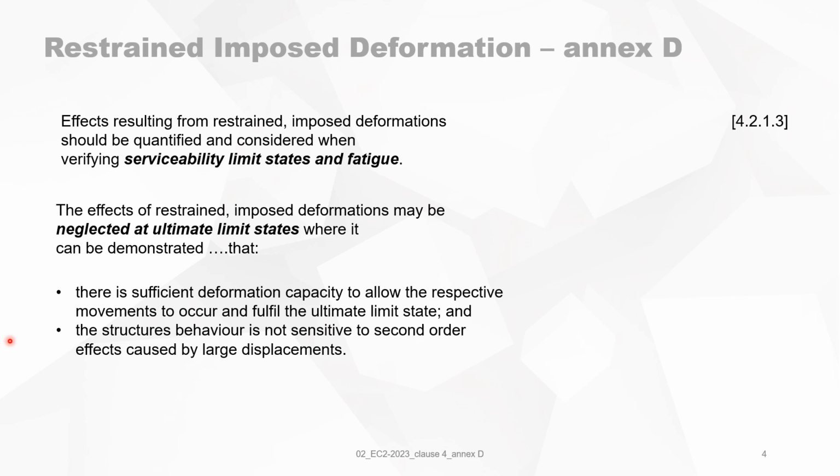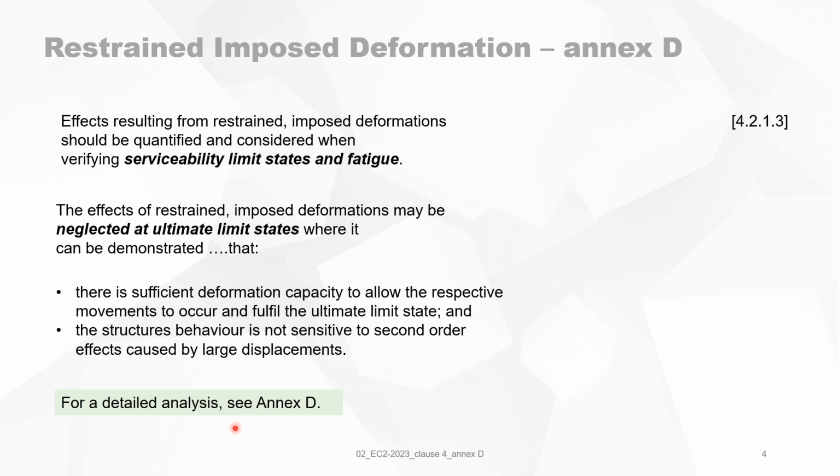So in principle, restraint deformation you deal with in SLS, and when you have large displacements due to that effect, you should also look at the influence on ultimate limit state. Then clause 4.2.1.3 says that for detailed analysis, you see annex D.